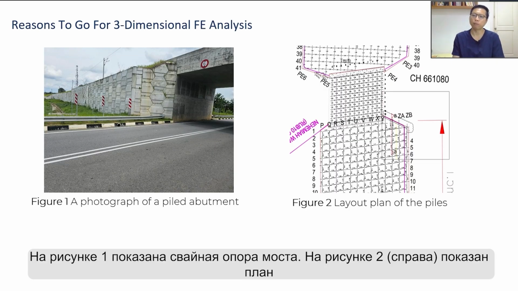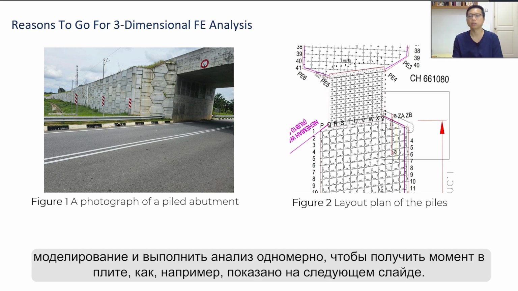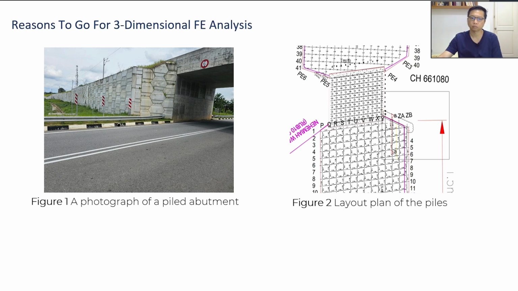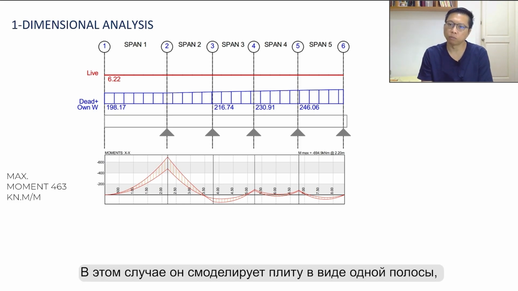Now, figure 1 illustrates a pile abutment. Figure 2 on your right illustrates the layout plan of the piles below the abutment. Now, a structural engineer will always tend to model the problem in one-dimensional analysis to get the moment in the slab, like what will be shown in the next slide. So, a structural engineer will model the slab as one strip.